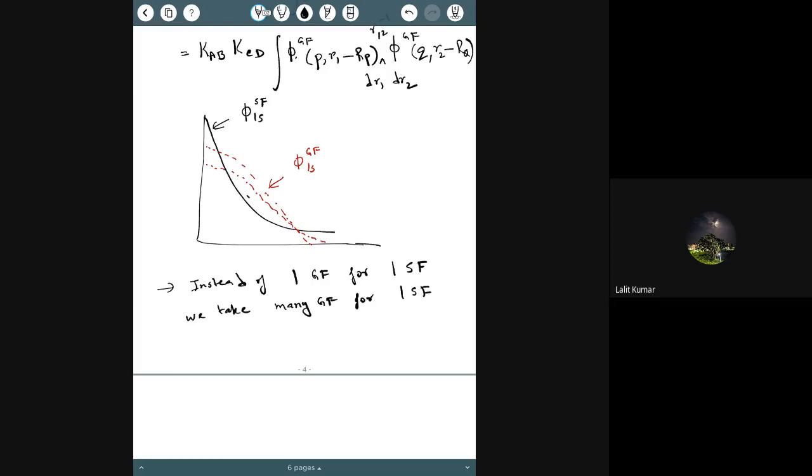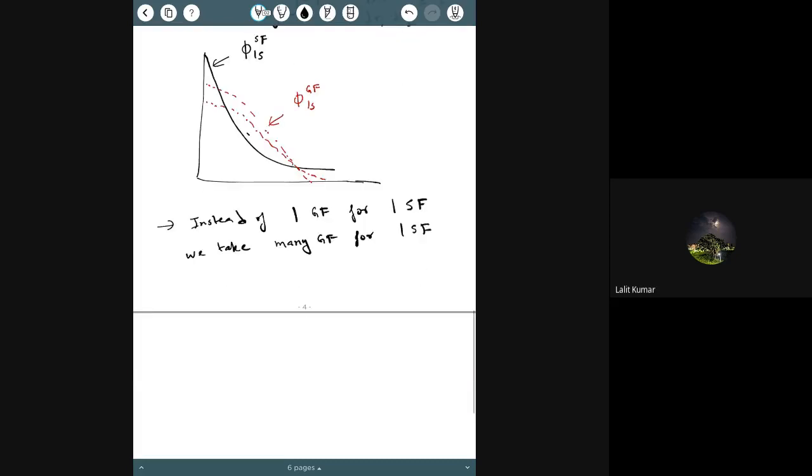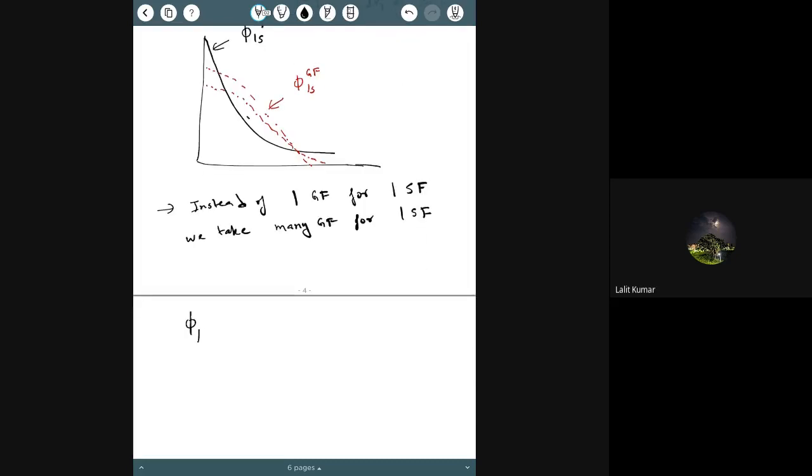And we take a linear combination which looks like this. So I have taken L number of Gaussian functions.